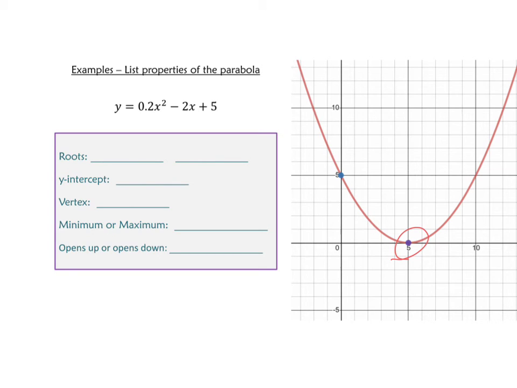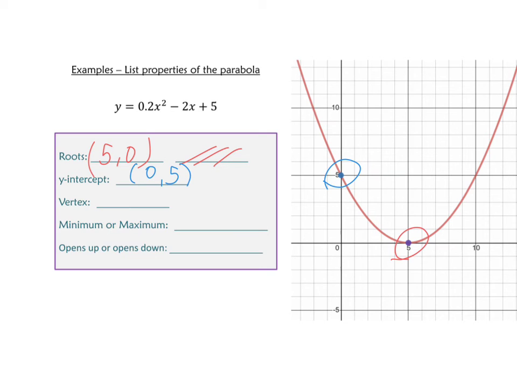So our root, instead of roots, is 5, 0. We don't have one here. Our y-intercept over here is somewhat similar. It's just kind of the opposite. 0, 5.